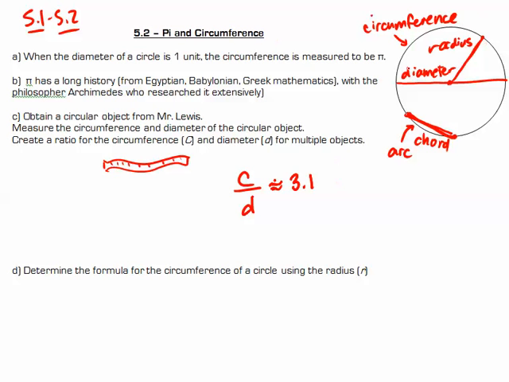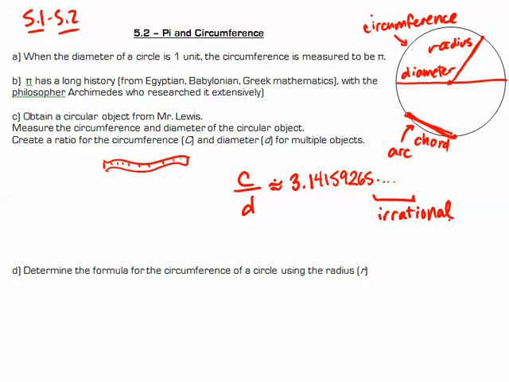With more sophisticated technologies and measuring devices, they continued to find that this ratio turns out to be this long number, 3.1415925, etc., and it continues on. There's no actual pattern. Because there's no pattern, we call it irrational, because we cannot predict what the next number is. It continues on forever.